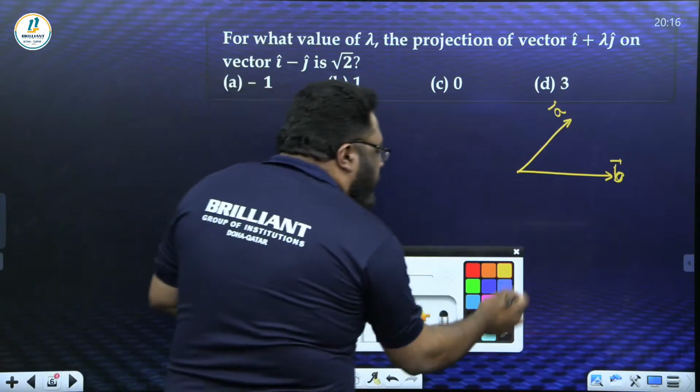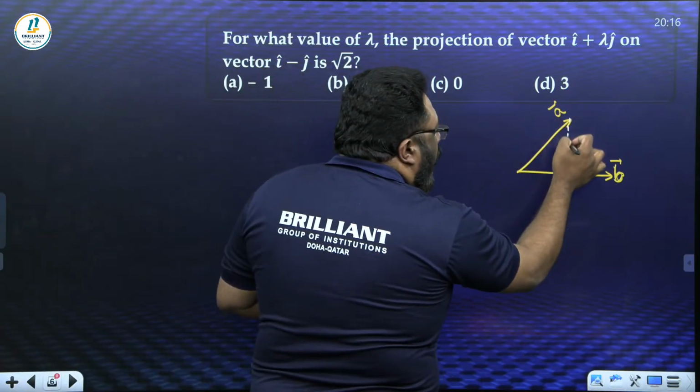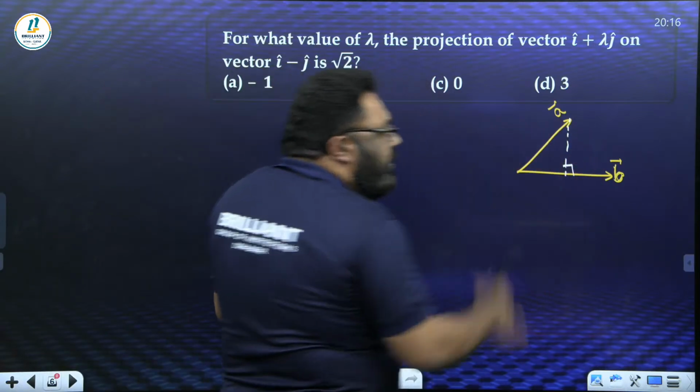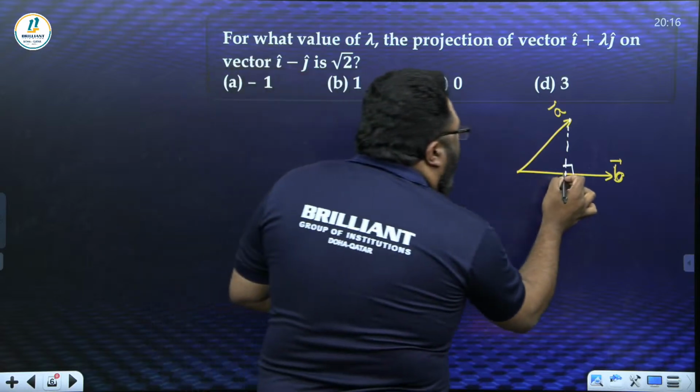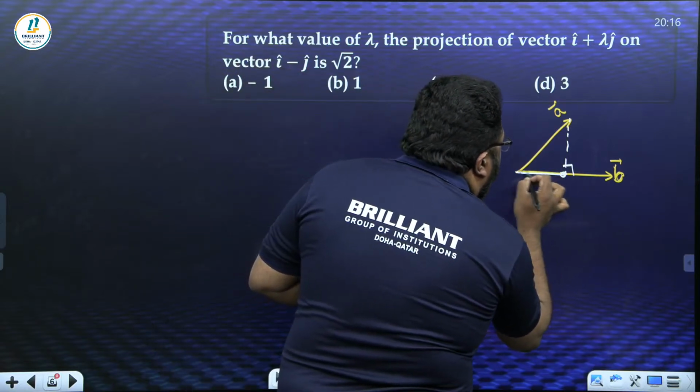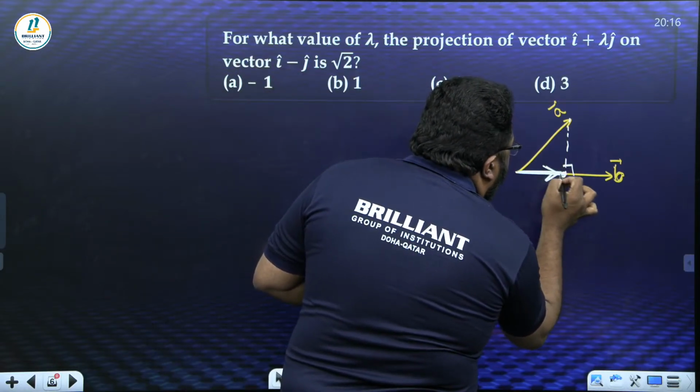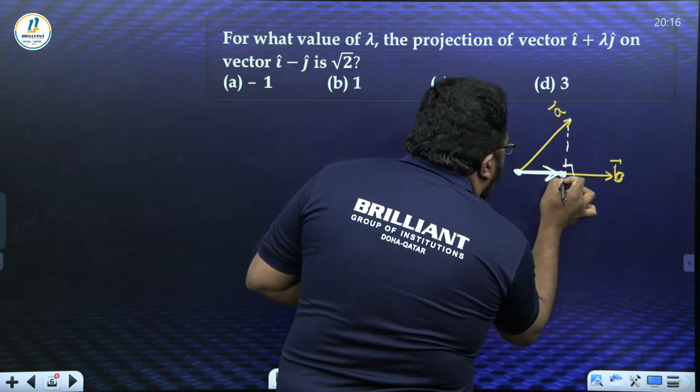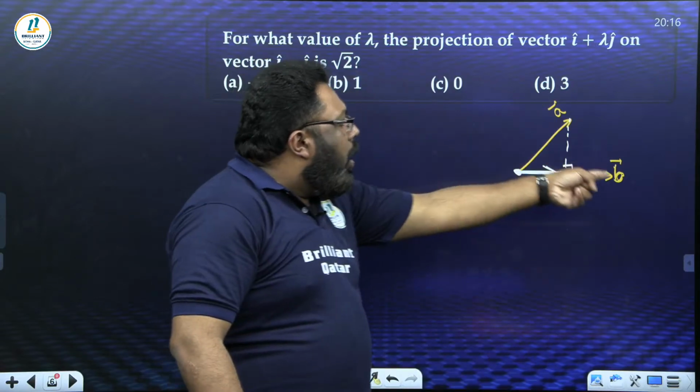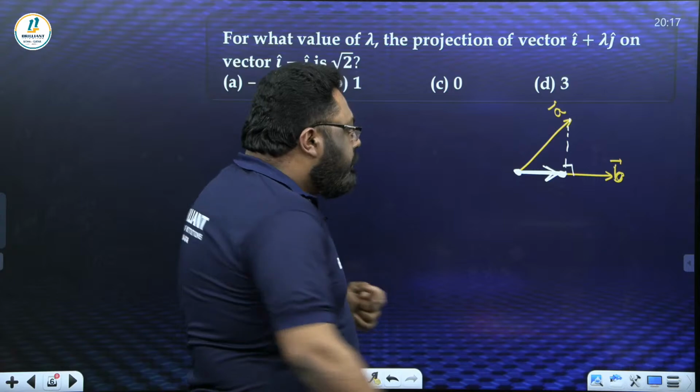I can project this vector A orthogonally on vector B. So it will form a new vector along vector B. Only this much, my dears. The projection of A onto B is only this much.